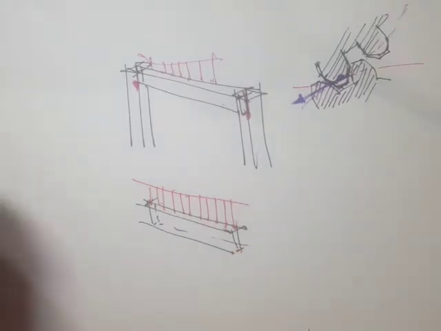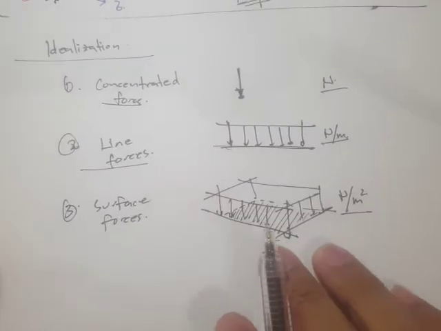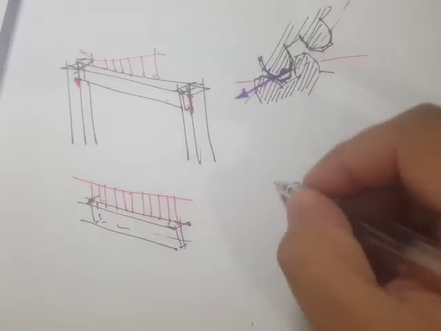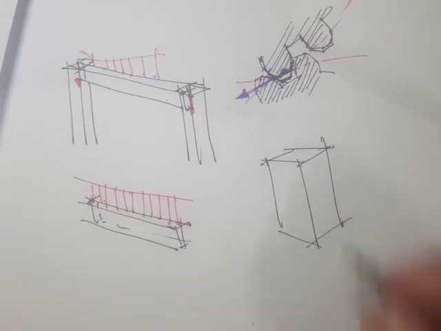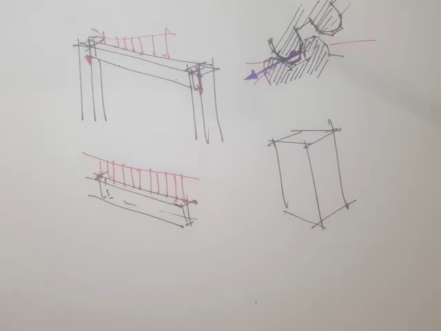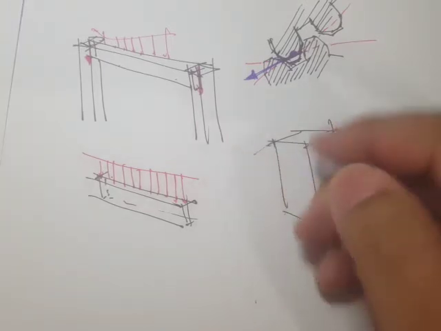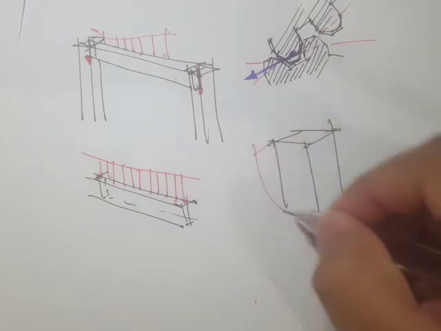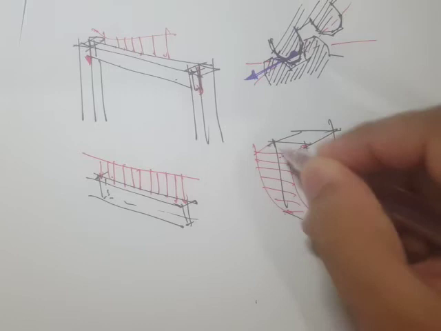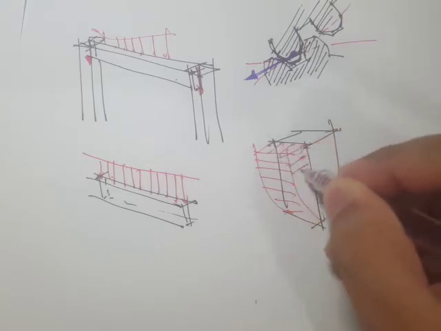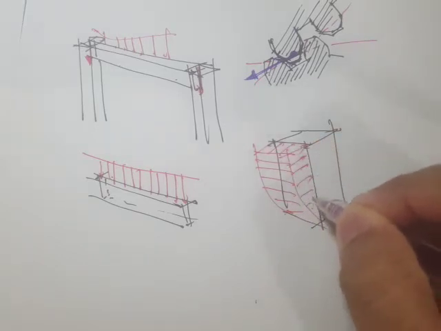The surface loads are typical for wind acting on a building, and also for buoyant or hydrostatic forces. Let's say this is the force from the wind, acting on an area.